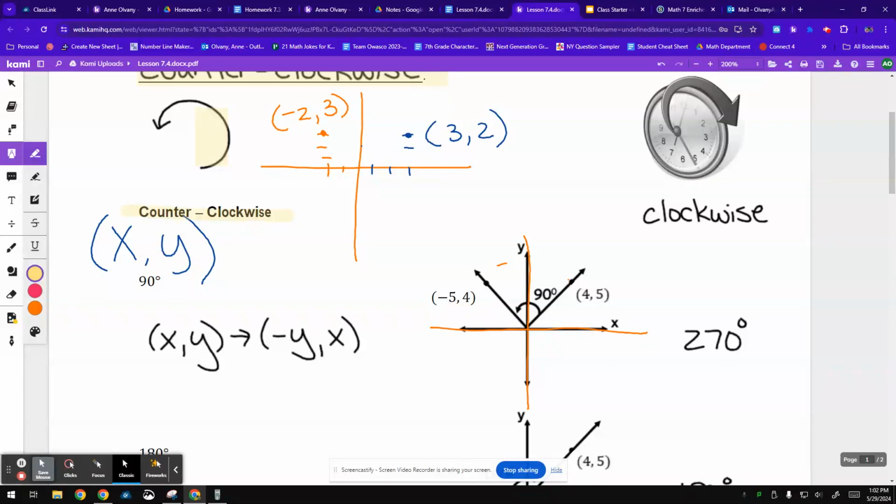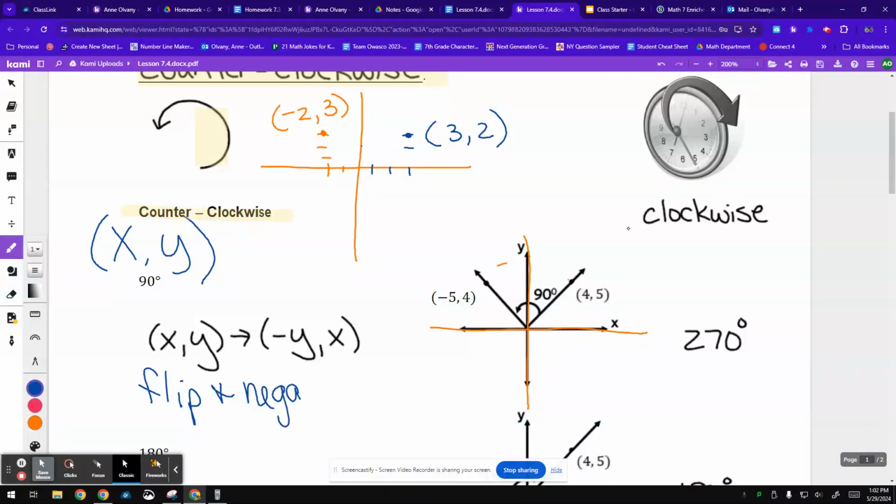So I'm going to flip them so the Y's in front, and I'm going to negate the Y. I'm going to write those words. Flip and negate the first. That gives me a -5, and I just push the 4 back.